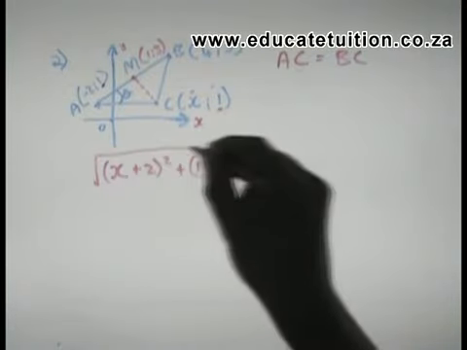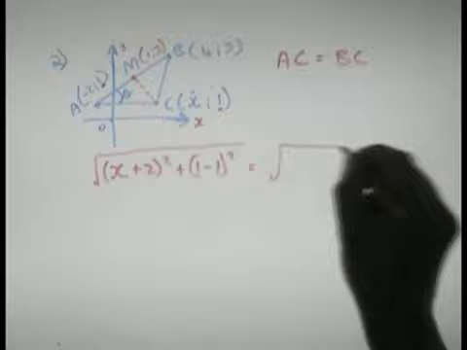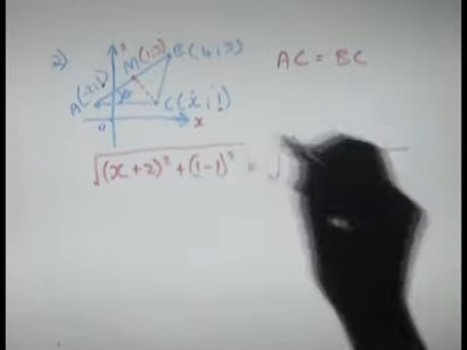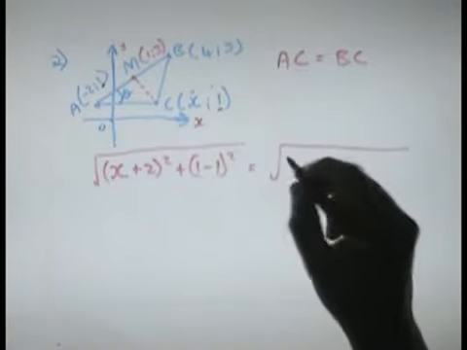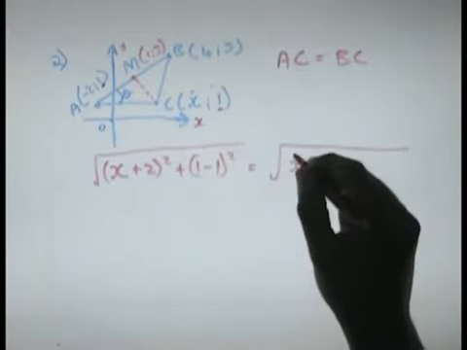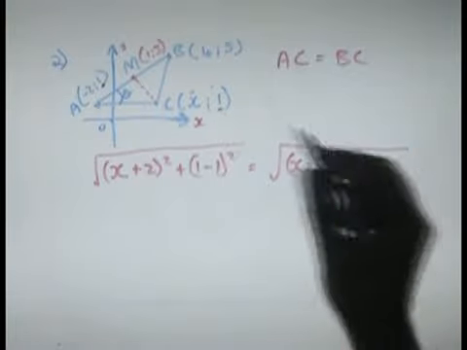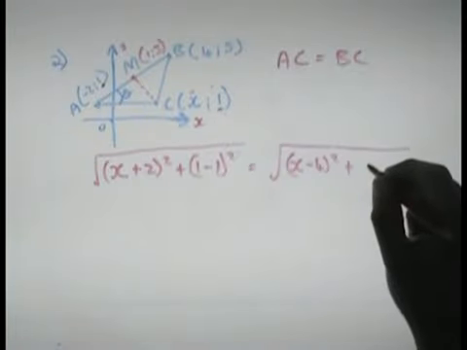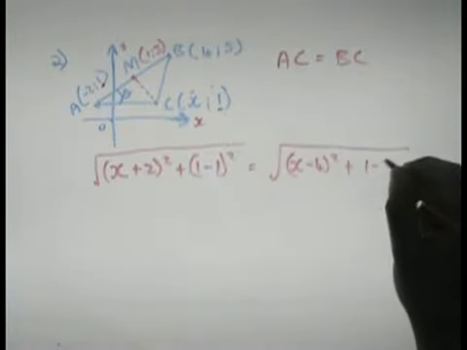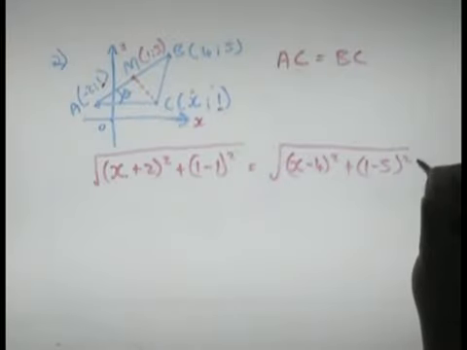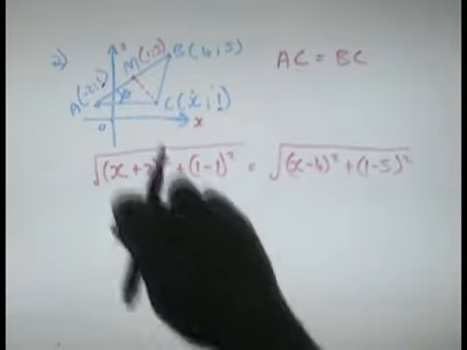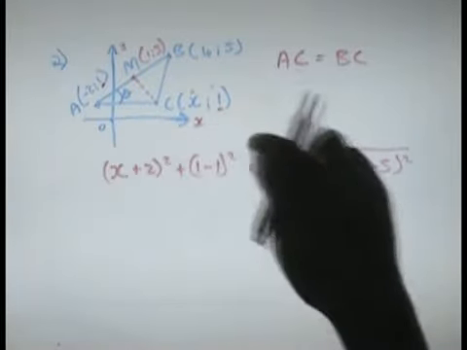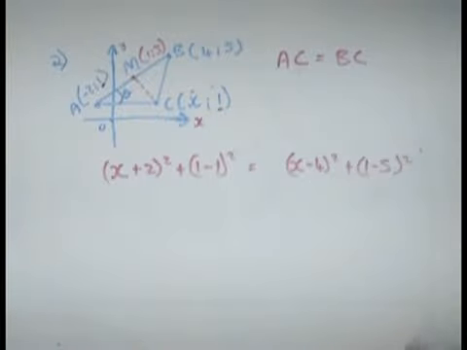and the square root thereof gives us the square root of, to get BC, x2 minus x1, which is going to be x minus 4 squared, plus y2 minus y1, which is 1 minus 5 squared. Now because both sides are in the square root sign, I can simply square both sides to get rid of the square root.